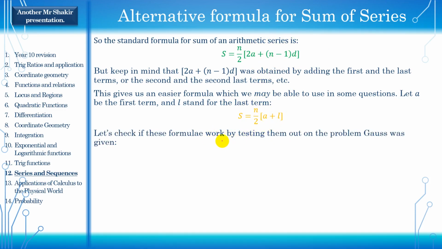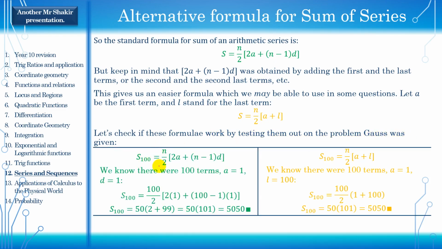Now let's check if these formulas work by testing them out on the problem Gauss was given. And we know it's going to work, but just for the sake of it, let's just see how it works. So this is the formula, the traditional formula, right? And we know there are 100 terms, so n is going to equal 100. The first term was 1, and the difference between each term is 1. 1, 2, 3, 4, and so on.